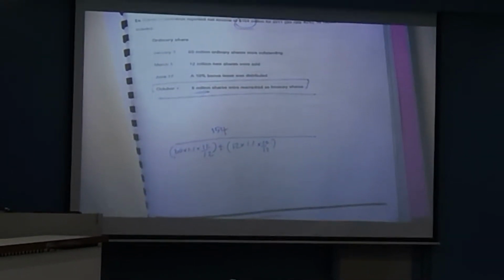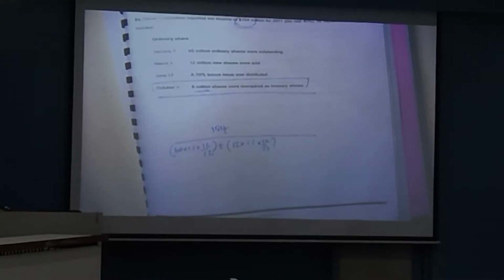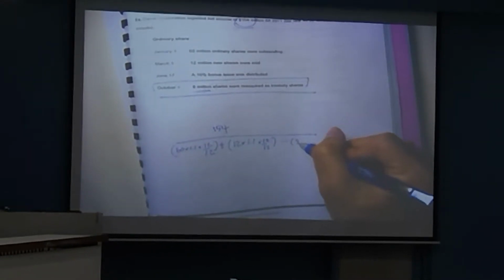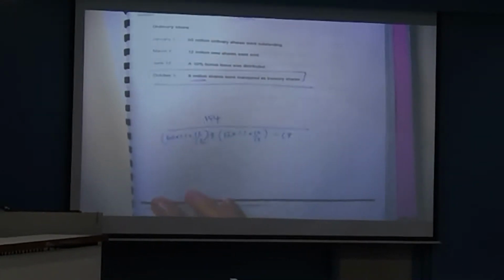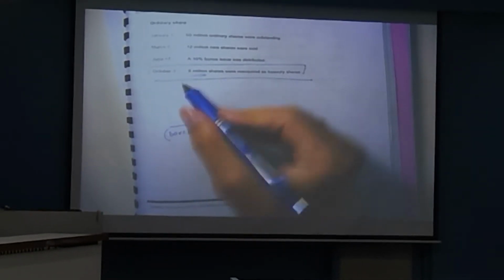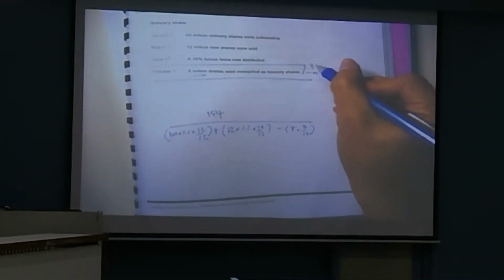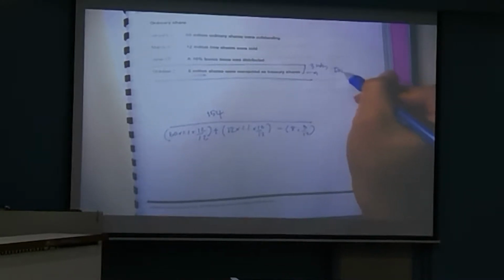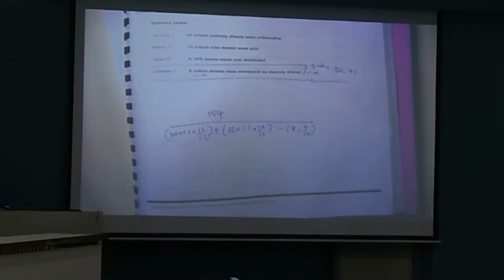So it means what? You buy the share back from the public. So it's not to be reduced for sure by 8 and weighted by 3 months over 12 months, because it's going to last for about 3 months until December 31st.